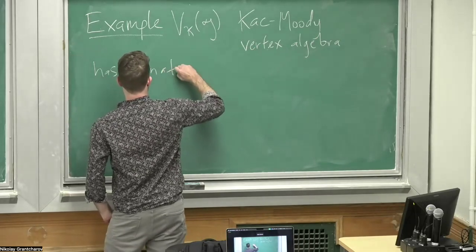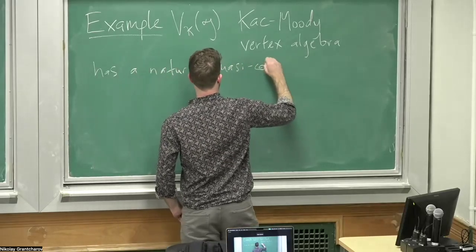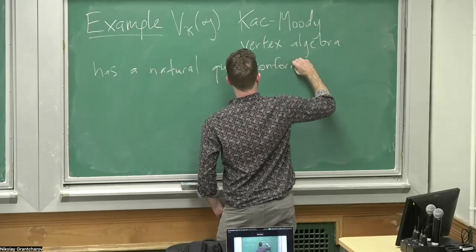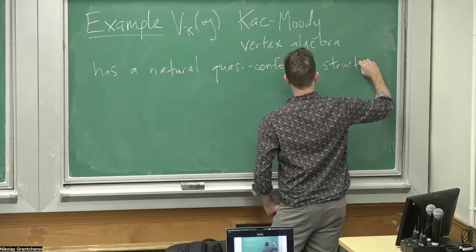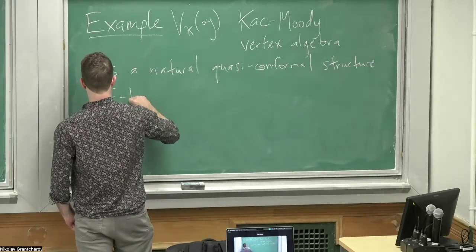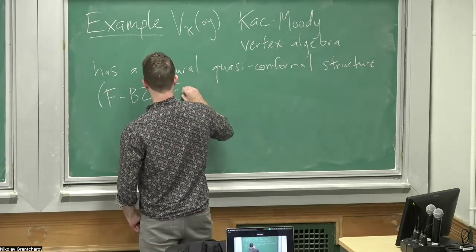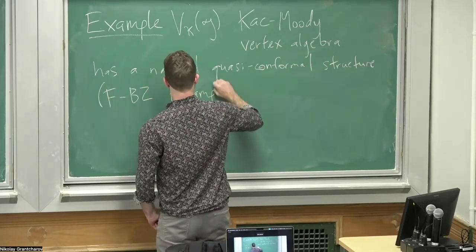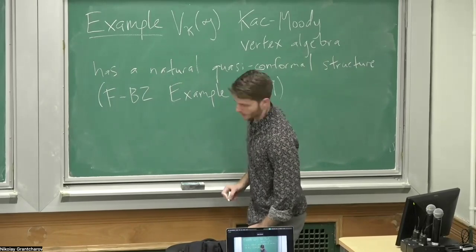So this one has a natural quasi-conformal structure. This is Frenkel-Ben-Zvi example 6.4.9.